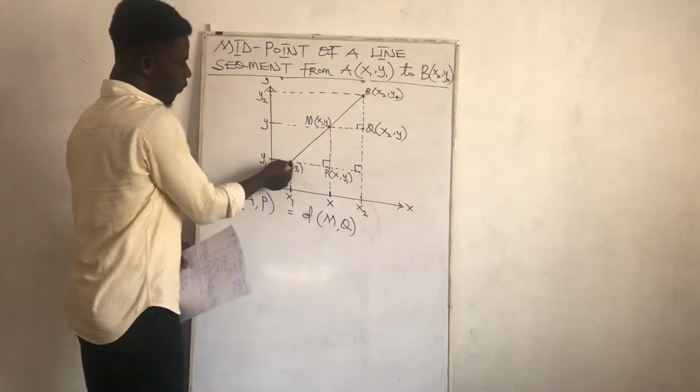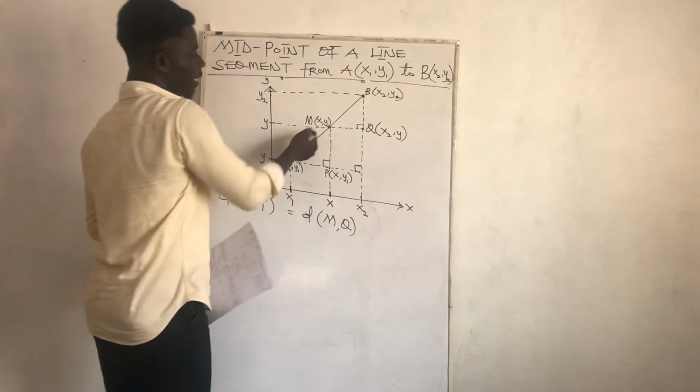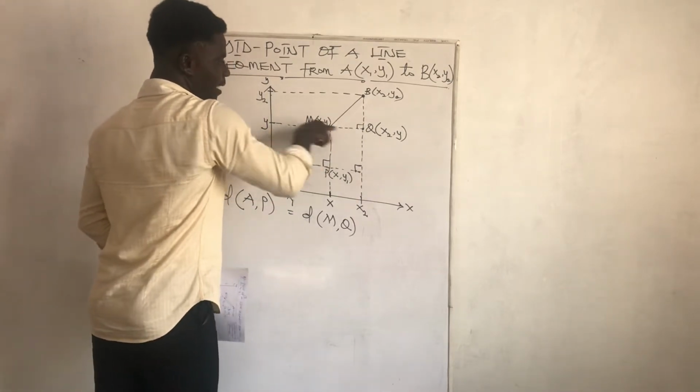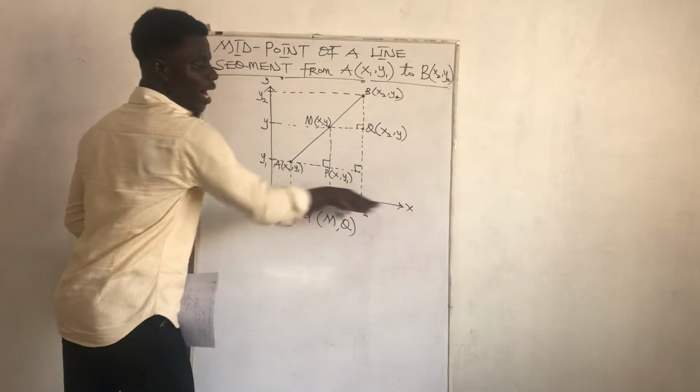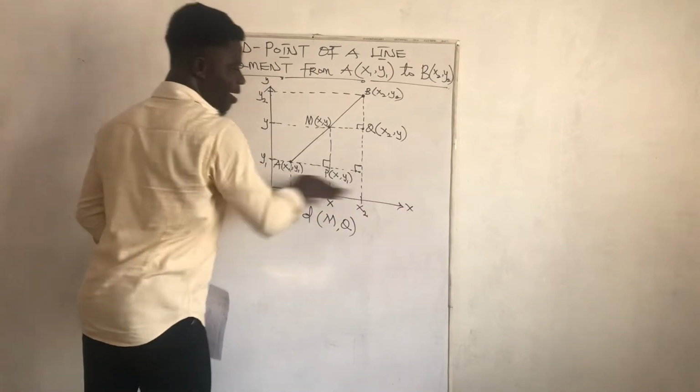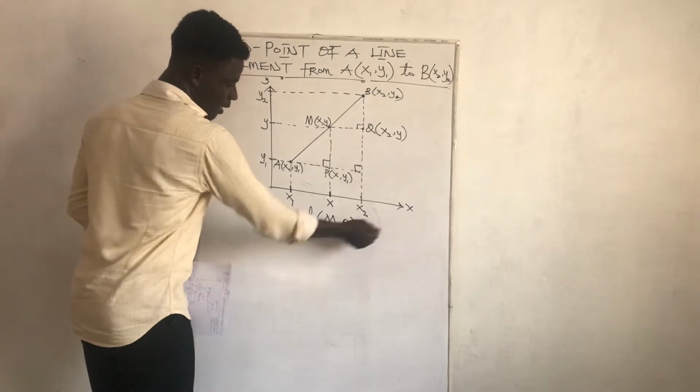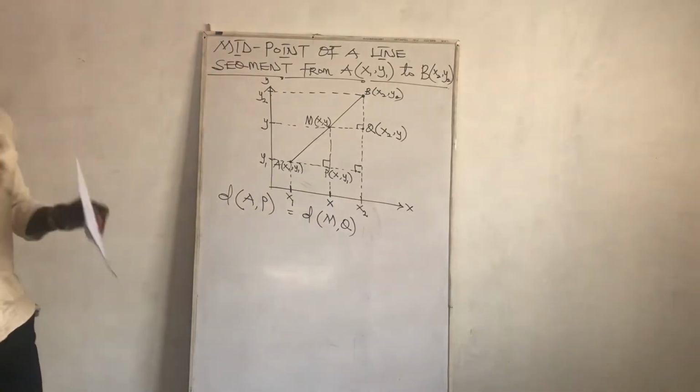So the distance of AP must be equal to the distance of MQ.